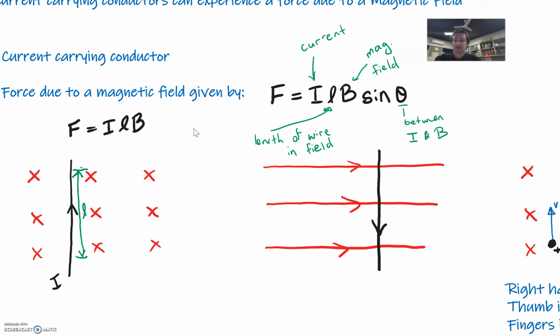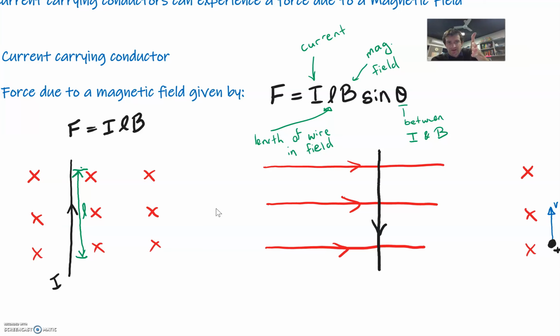To calculate the direction, we use a special rule to do that. It's called the right-hand palm rule. And the way the right-hand palm rule works is you place your thumb in the direction of the current. So in this case, I'll place it up. We will place our fingers in the direction of the magnetic field. So these fingers here, they represent the little crosses for our magnetic field direction.